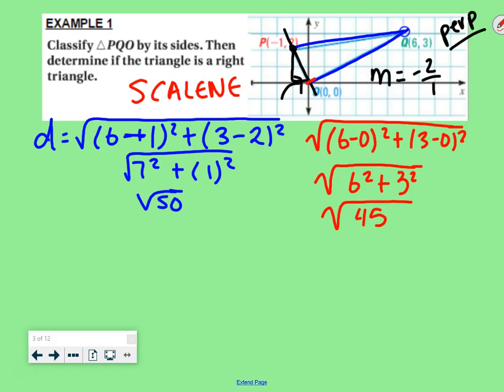And then the slope of this line right here, which would be up 3 over 6, which would reduce to 1/2. 1/2 and negative 2 are opposite reciprocals. So yes, it is a right triangle.